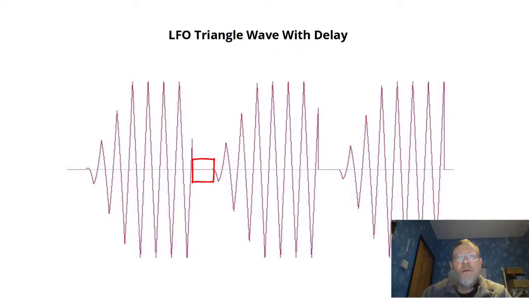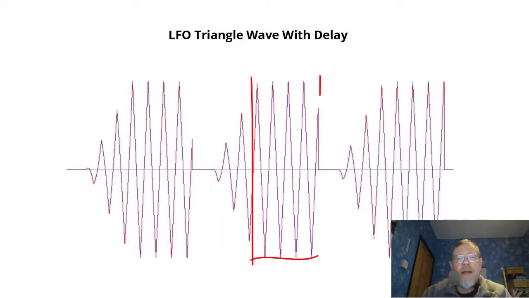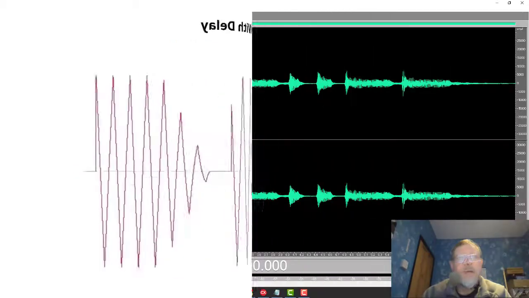So now for a third of the delay period there is no output from the LFO at all. And then for the remaining 2/3 of the delay period, its output level ramps up to its maximum value and then stays there for the duration of the note.